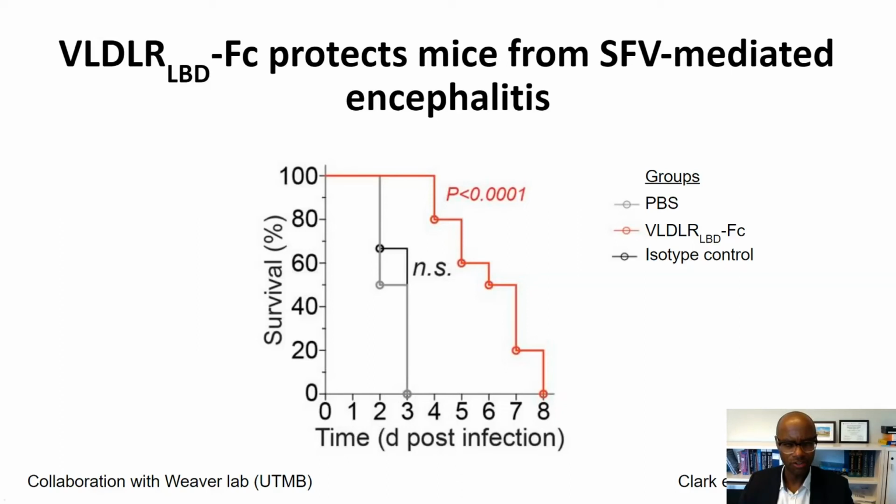But I should add, we had not done any careful pharmacokinetic studies to figure out whether repeated doses, meaning 6 hours before infection and then repeated on day 1, day 2 and day 3, would have had an increased survival benefit. But this is a very robust model that's uniformly lethal, and we did see a statistically significant protective effect using the receptor decoy protein, which is again consistent with the role of this association between VLDLR and ApoE2 as a determinant of the pathophysiology of Semliki Forest virus in neonatal mice.